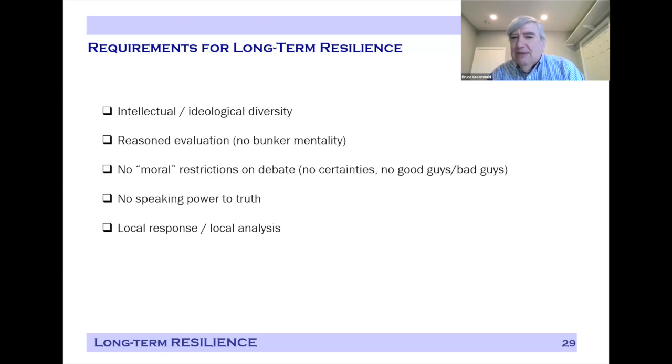I think the absolute essential for this is intellectual and ideological diversity. And I think that's what there is not a lot of in the world today. And there was certainly not a lot of it in the formerly socialist economies. I think you have to do reasoned evaluations. You can't have a bunker mentality.